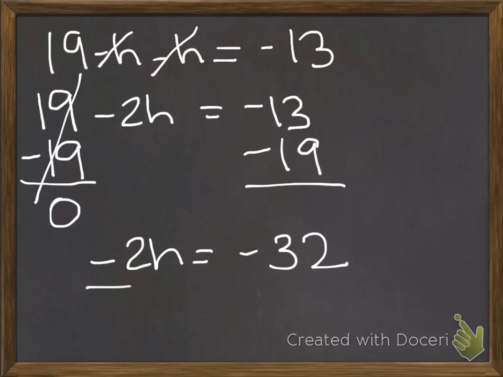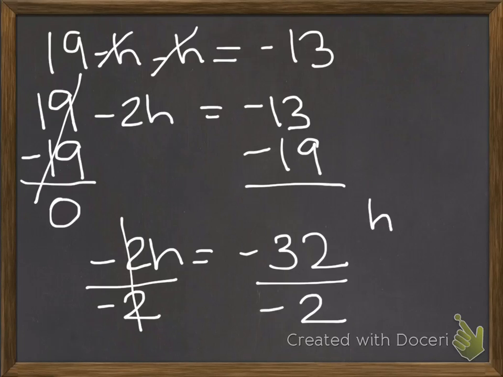Very good. You divide. So take your negative 2 away. Remember, this is division, not subtraction, so make sure you draw the line so you don't get confused. So these cancel, and you're left with h equals negative 32 divided by negative 2, which is positive 16. Very good.